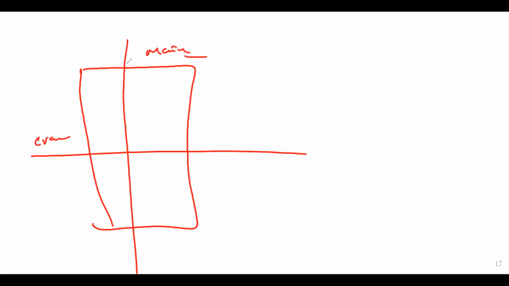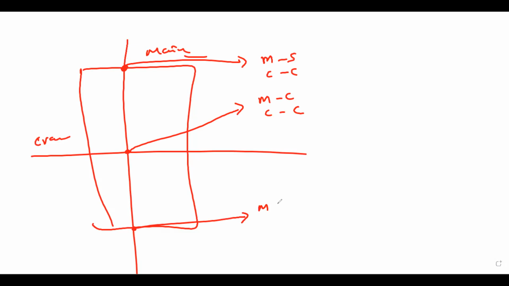We will give the property: main axis start, cross axis center. Here, main axis center, cross axis center. Main axis start, cross axis start. Main axis center, cross axis center. Main axis end, cross axis center.